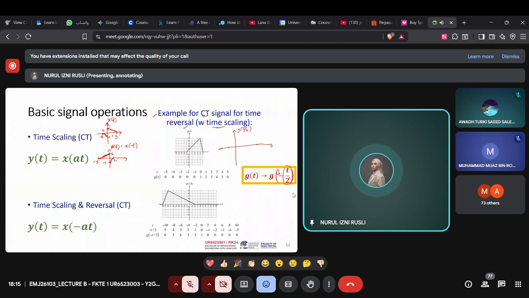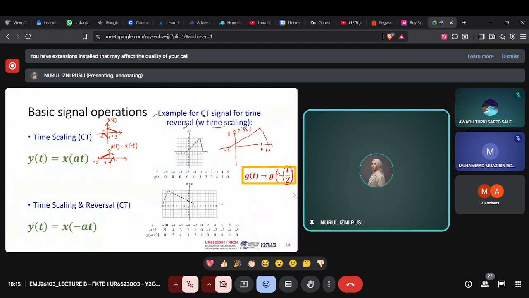So now it's going to be -2. Amplitude not changing, still 5. And 5 is going to be 10, and then you have a peak here at 4, so now it's going to be at 8. So here, this is your signal having a time scaling, which is equal to g of t over 2.